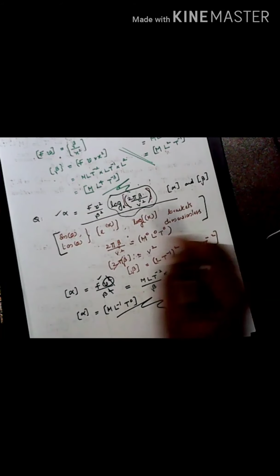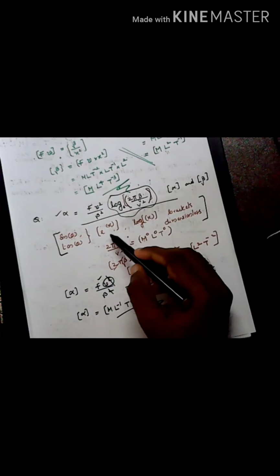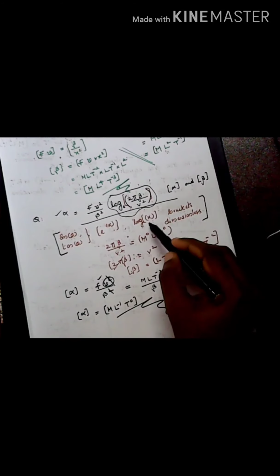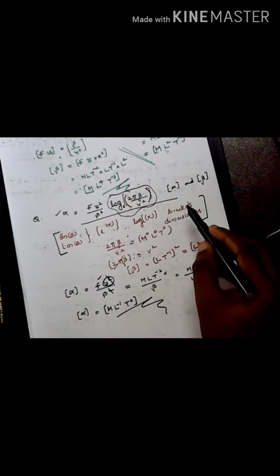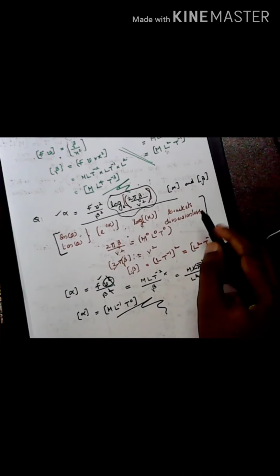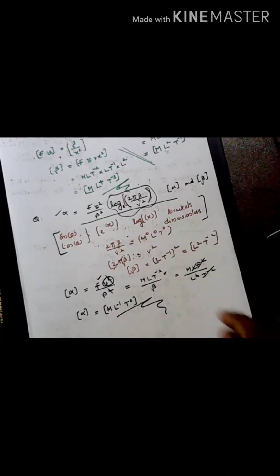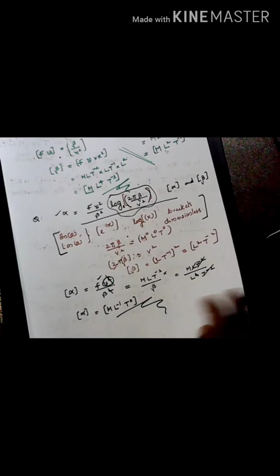And keep in mind, it is a very important concept that in the trigonometric ratios, exponential functions, logarithmic functions, the brackets are dimensionless. We can use that concept to solve the problems. So we can just discuss one more problem regarding this type to find the physical constants. An examination question.